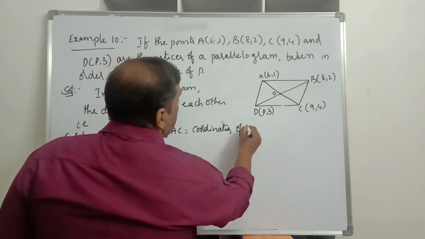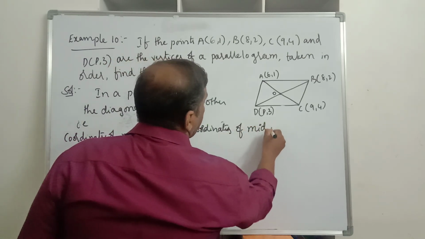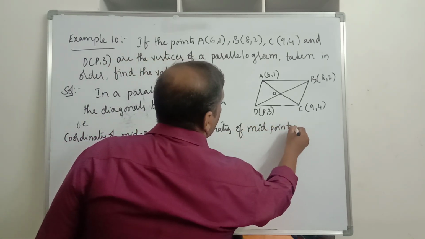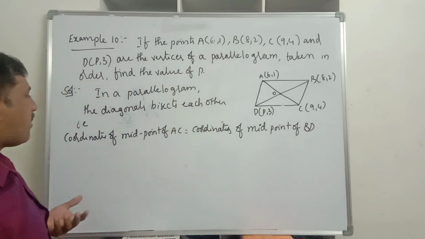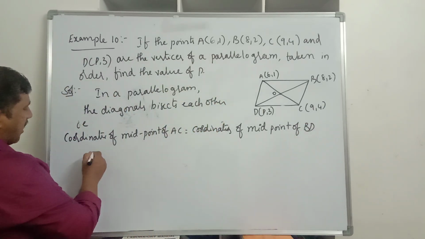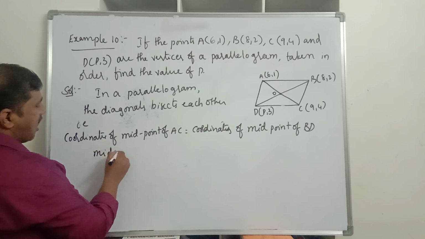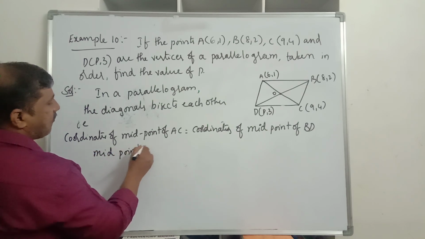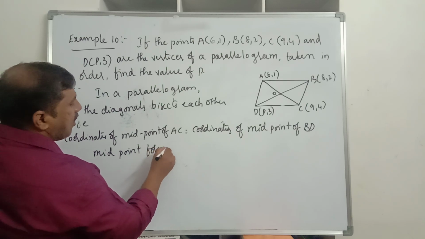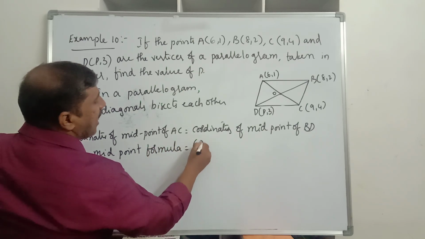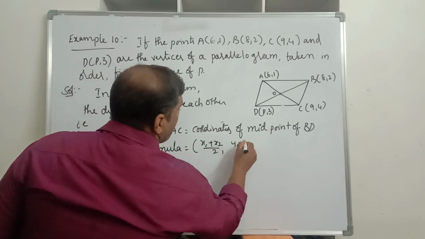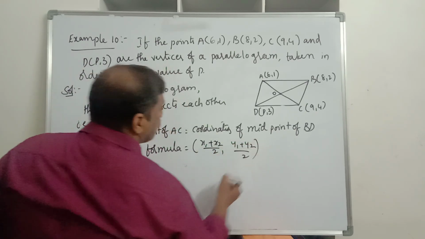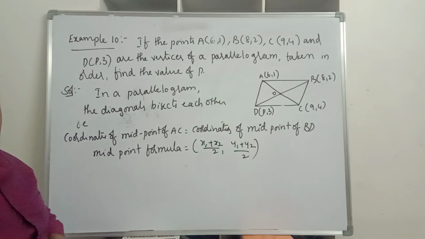So what is the formula? The midpoint formula is ((x1 + x2)/2, (y1 + y2)/2). Now apply this formula for both the line segments.